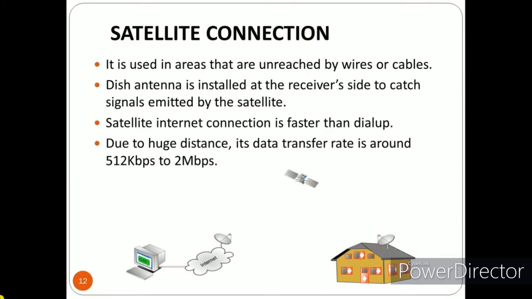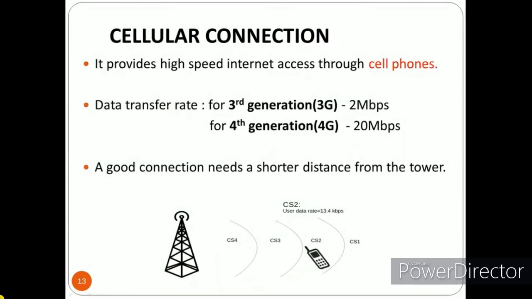Okay. Next is your cellular connection. It provides high-speed internet access through cell phones. Cell phones means mobile phones, which we use as a Wi-Fi hotspot. The data transfer rate varies from third generation to fourth generation. That is, 3G is 2 Mbps and 4G is 20 Mbps.